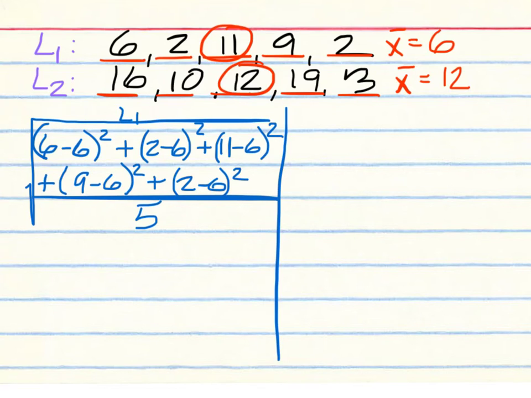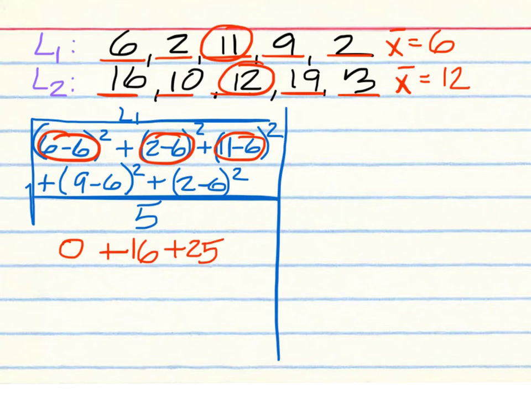If we simplify that out, we'll have 0, negative 4 squared, which is 16, 5 squared is 25, 3 squared is 9, negative 4 squared is 16.